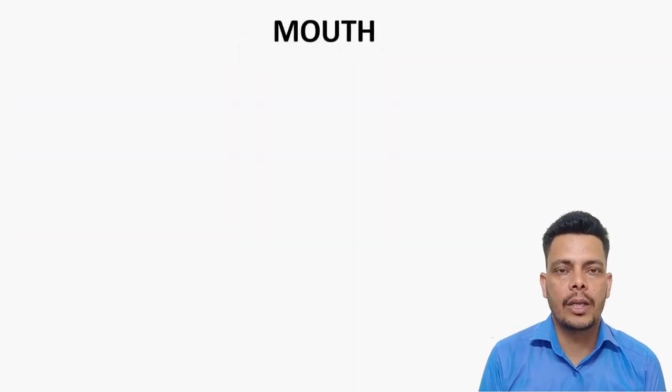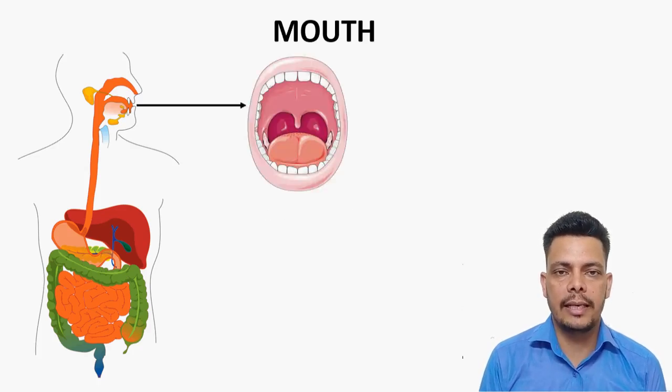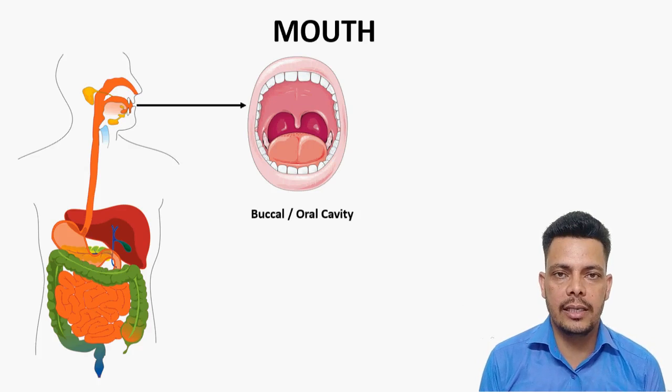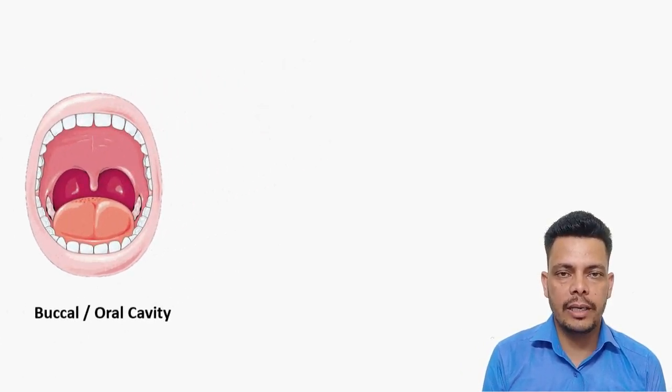Now let's begin. The first part that we need to understand is the mouth. The mouth contains teeth and tongue and encloses the cavity. Inside the mouth there is a buccal cavity. The buccal cavity is the space enclosed by the surrounding membrane of the mouth.